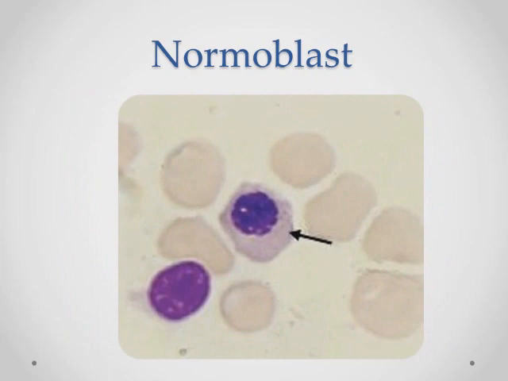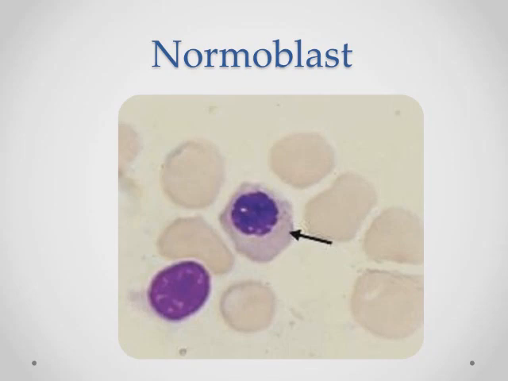Here in this slide, I have the nucleus of another cell. This nucleus is slightly larger than the nucleus in this cell. This is the nucleus of a lymphocyte. I bring it here just to compare the shape of the lymphocyte with the shape of the normoblast, because sometimes they overlap.